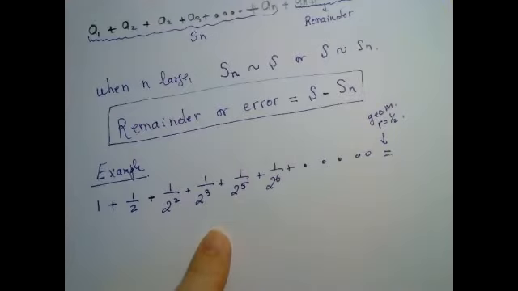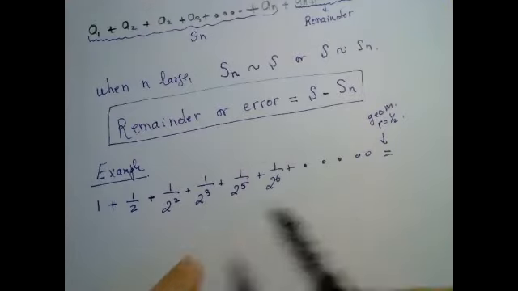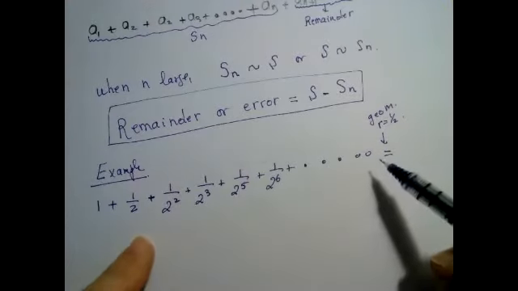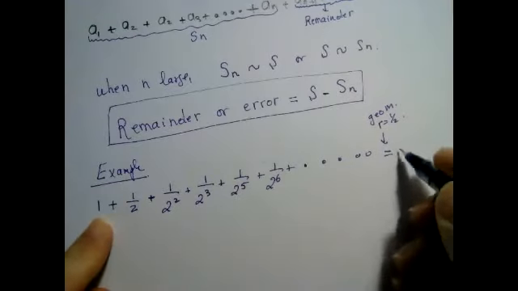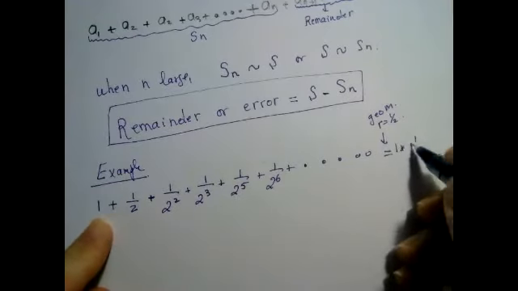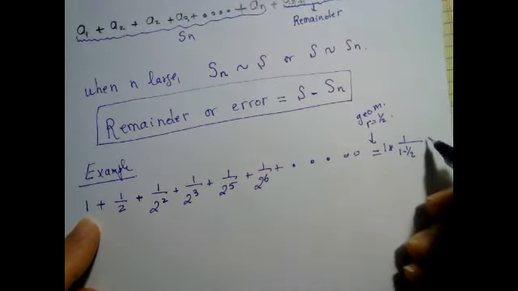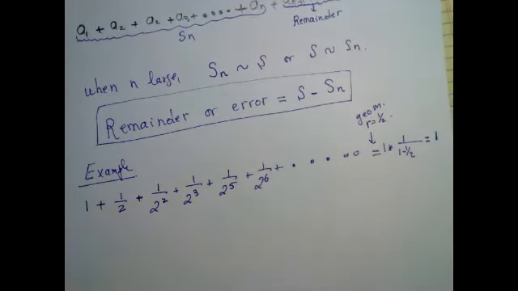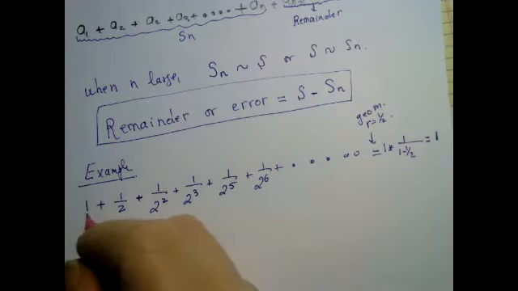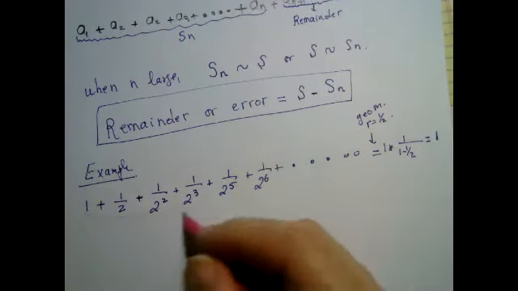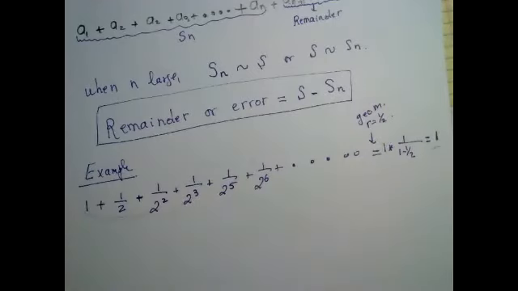Now the geometric series, we know the sum. It means if we keep adding those terms, the sum is going to be the first term, if you guys remember, times 1 over 1 minus the ratio, which is going to be equal to 1. It means for us, if we keep adding those terms, we should get closer and closer to 1.